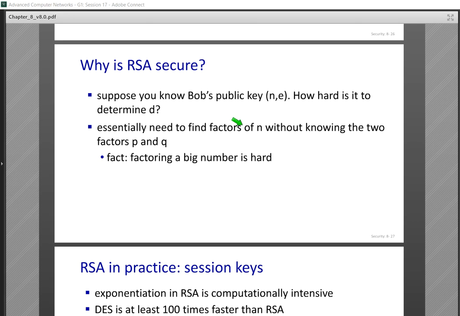I'm publishing my public key over the internet. The other people who send me information should learn my public key.